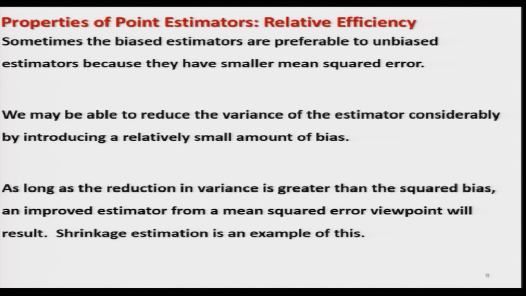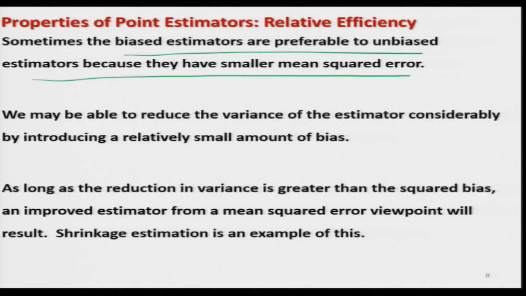So, that is why we have these two definitions. But what I want to tell you is that in practice many times we deal with situations where biased estimators are preferable to unbiased estimators, because they have a smaller mean squared error. Suppose we want an estimator with lower variability, and the criterion of biasedness is not that important in a given situation.